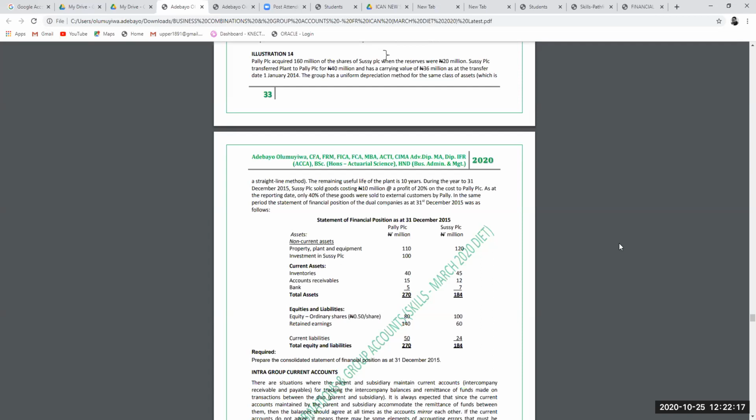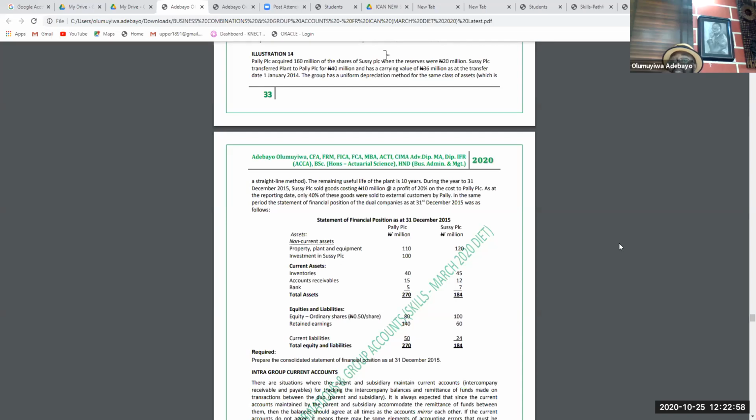During the year ended 31st December 2015, Suzy PLC sold goods costing 10 million naira at a profit of 20% on the cost to Pali PLC. As at the reporting date, only 40% of these goods were sold to external customers by Pali. In the same period, the statements of financial position of the two companies as at 31st December 2015 were as follows. Prepare the consolidated statement of financial position as at 31st December 2015.